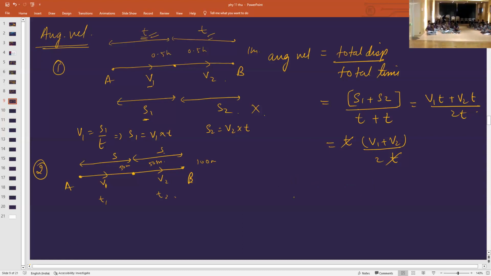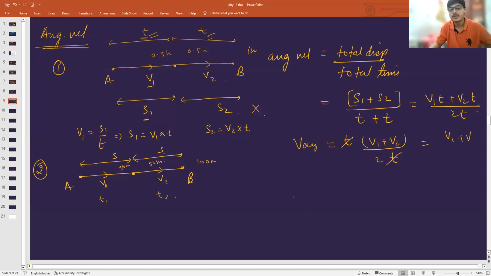Right. So here, again, average velocity is total distance S plus S by total time T1 plus T2. Now this T1 and T2 we don't know, so we'll calculate them. V1 is S by T1, so T1 will be S by V1.